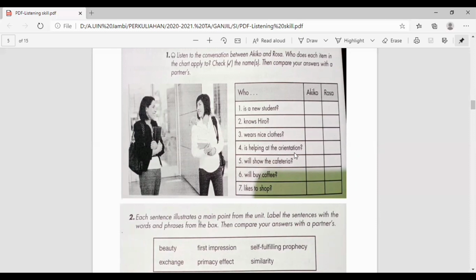Who is helping at the orientation, Akiko or Rosa? Who will show the cafeteria, Akiko or Rosa? And who will buy coffee, Akiko or Rosa? Yeah. And the last, who likes to shop, Akiko or Rosa? Unfortunately, your name is not here, yeah, guys, so you can check it. Okay, well, finish.